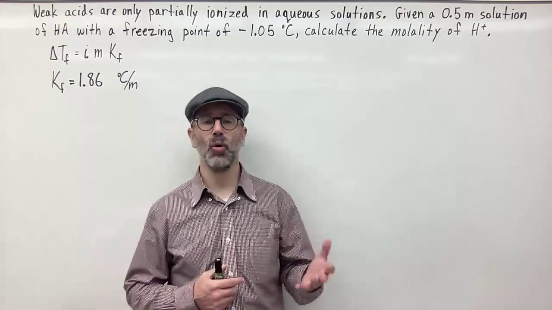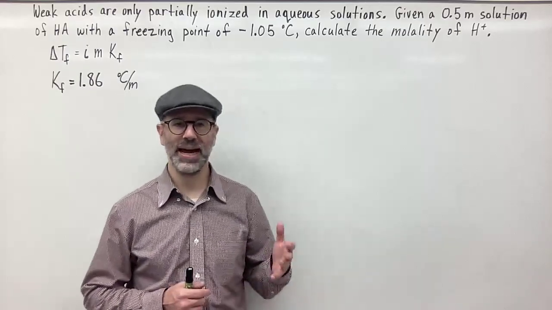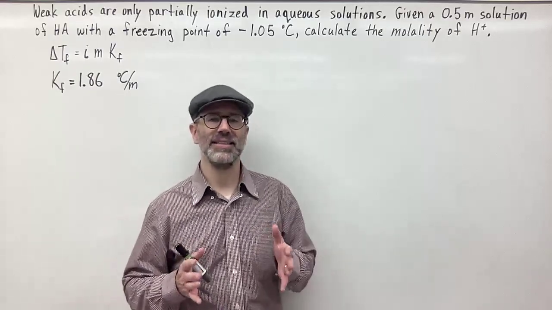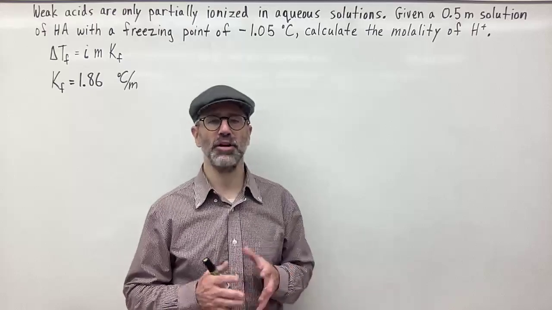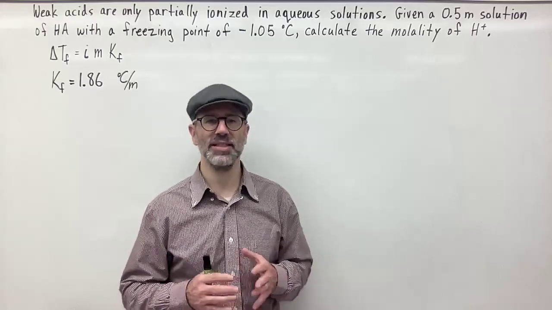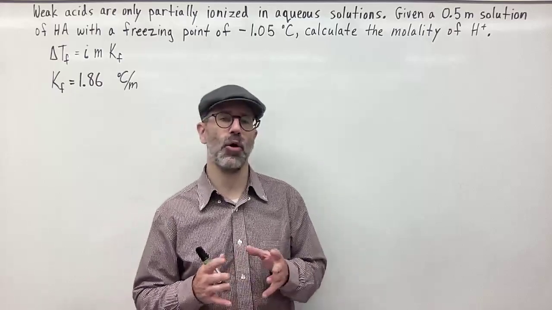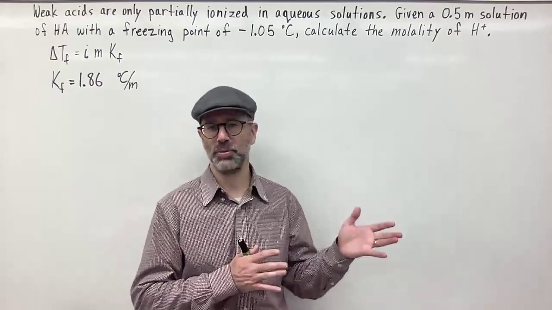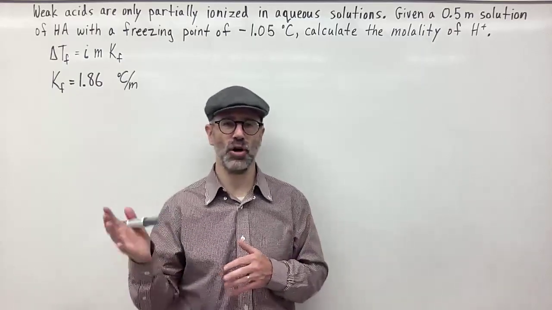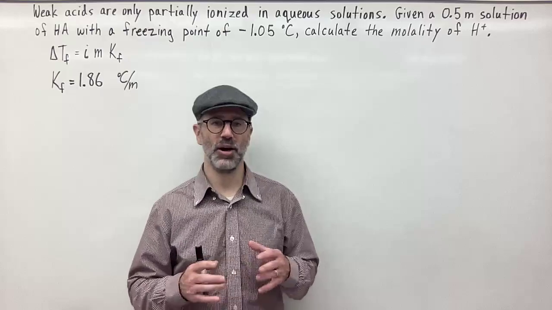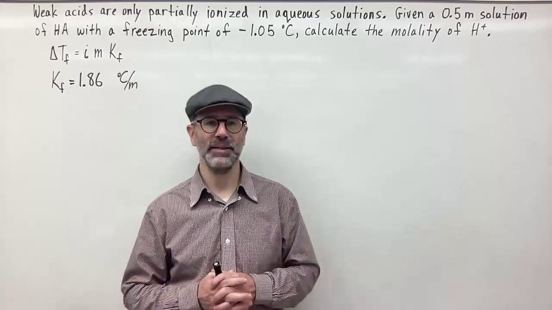So if you're given the molarity of a weak acid, that is not going to be the same as the molarity of the H plus in solution, because not all of the molecules of your HA are going to ionize into H plus and A minus, which is your generic anion.